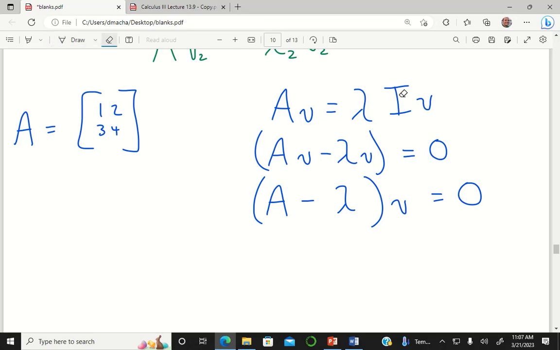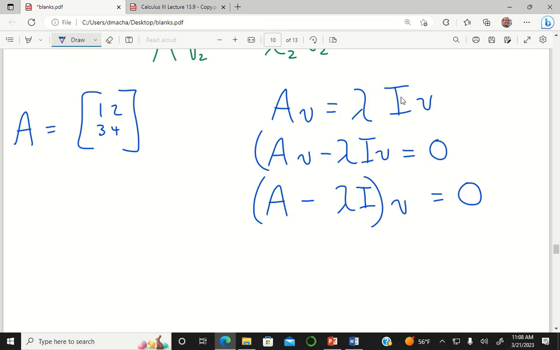But what this does for me practically now is, again, I nu is just nu, so whenever I factor out the nu, then I have lambda times the identity matrix. And that is a matrix, and I can actually do matrix minus a matrix. You just do the subtraction entry-wise. Corresponding entries, you subtract them.